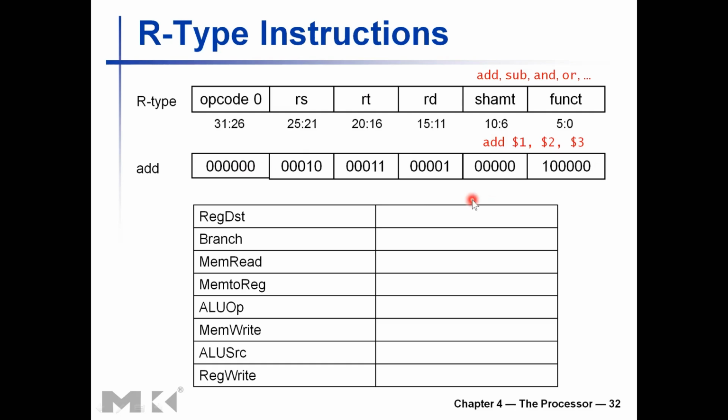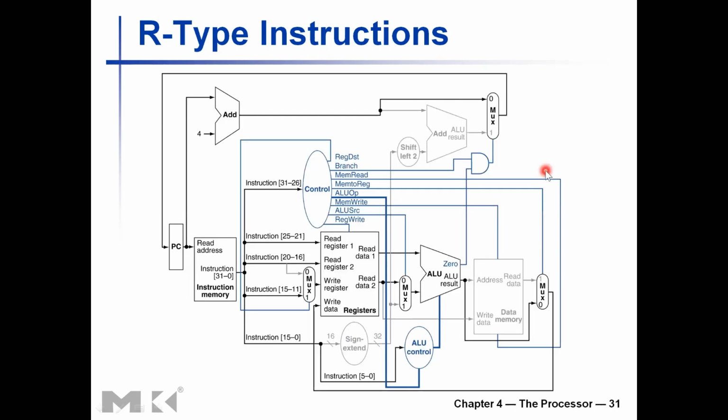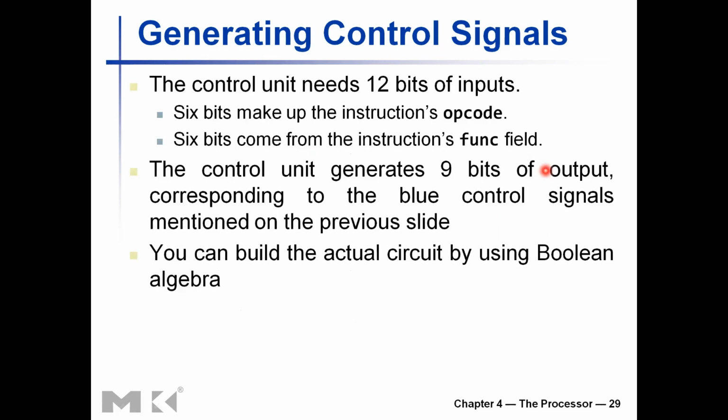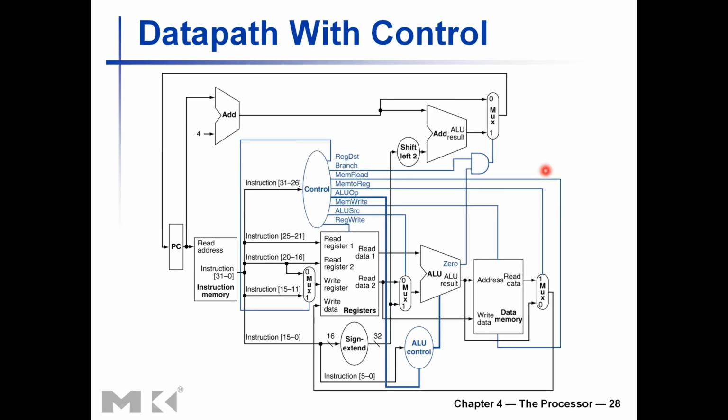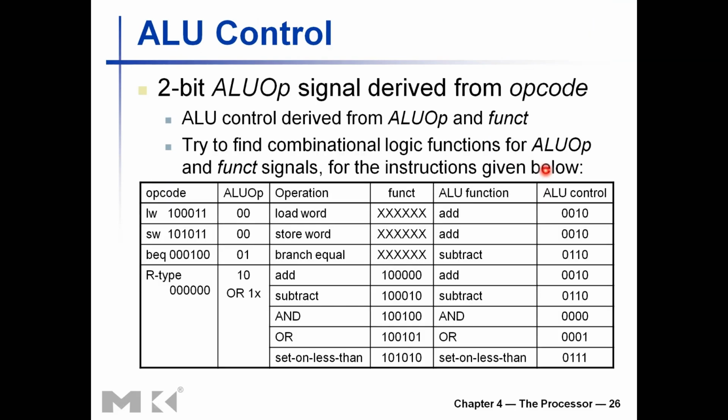And the funct field for the add instruction is 32. These things we had a look at at the end of the last class when we discussed the ALU control. So the funct field for add is 32, and the ALU control signal should be generated by the control unit based on that.